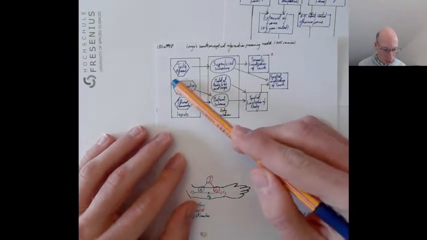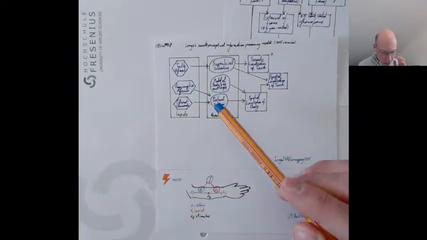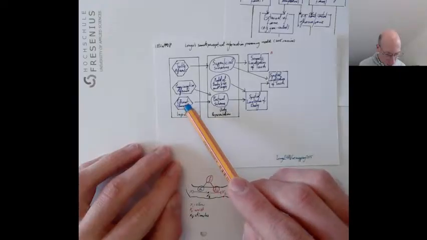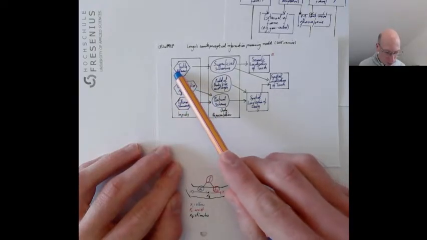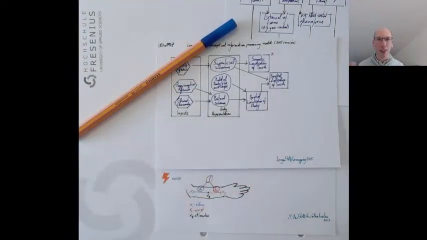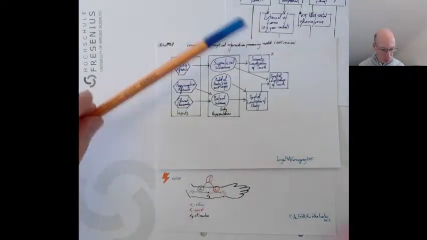They say we also need all of that information, and then we need the efferent command. So we have afferents with A in front, and we have efferents with E. Afferent is any information that comes towards the brain, and efferent is the information that goes away from the brain.